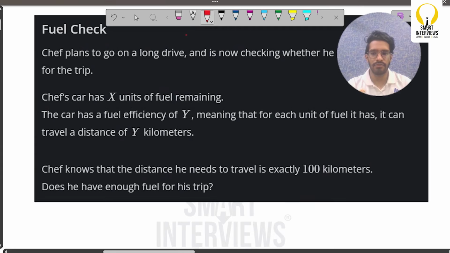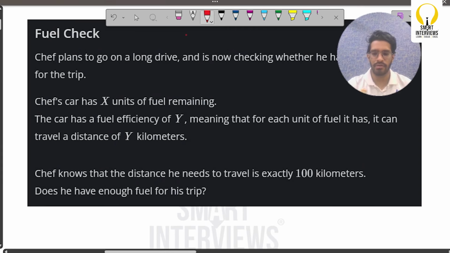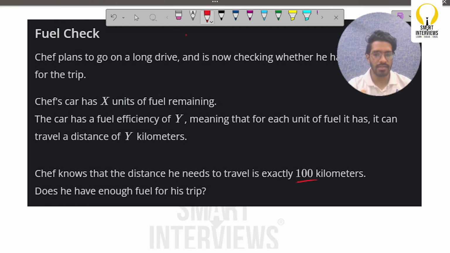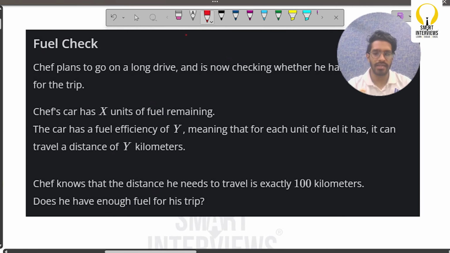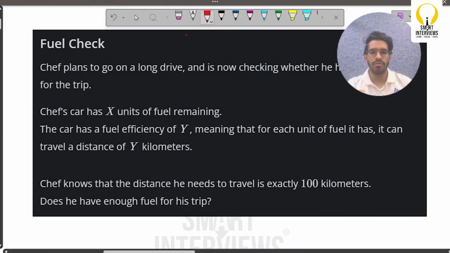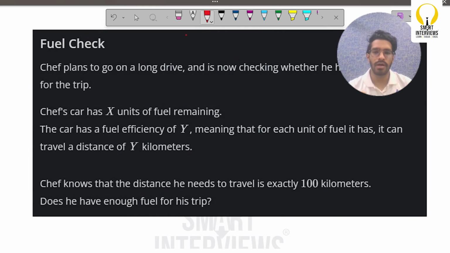Now let us try to figure out what exactly we have to find out. Chef knows that the distance he needs to travel is exactly 100 kilometers. We have to figure out if he has enough fuel to complete his trip or not. The distance is already predefined.